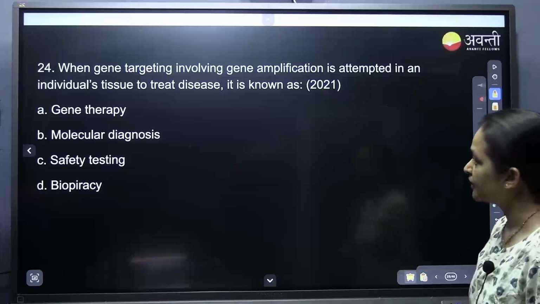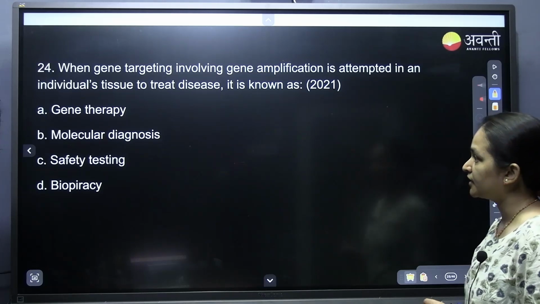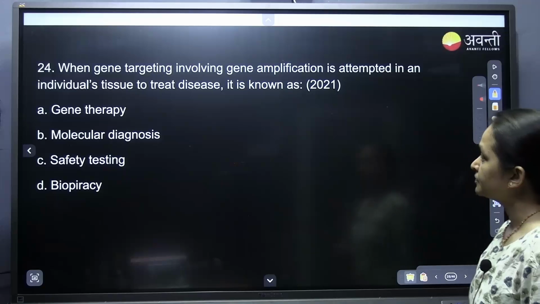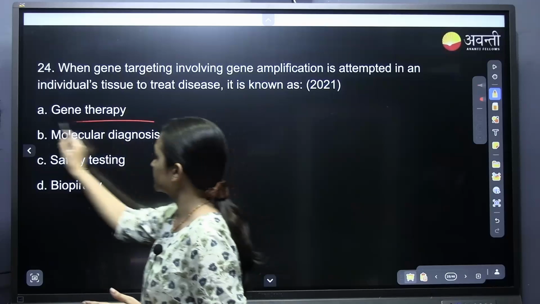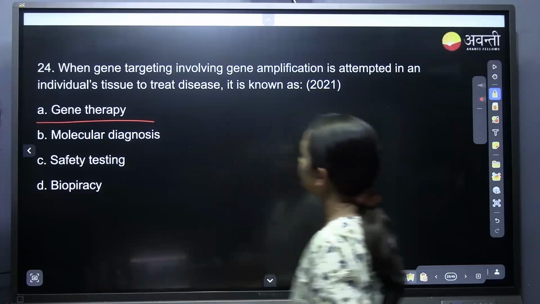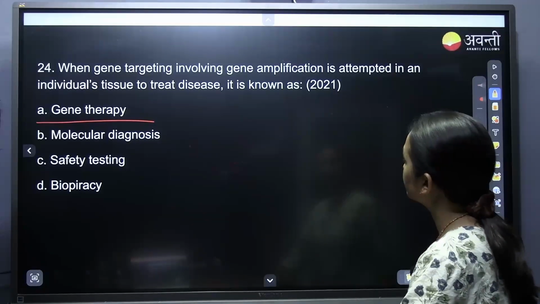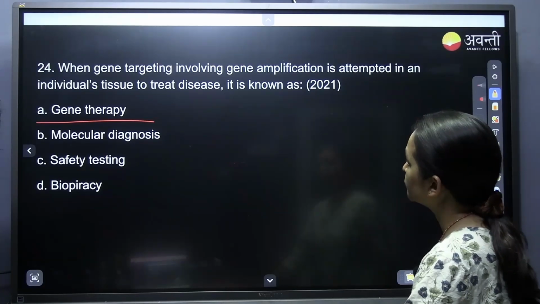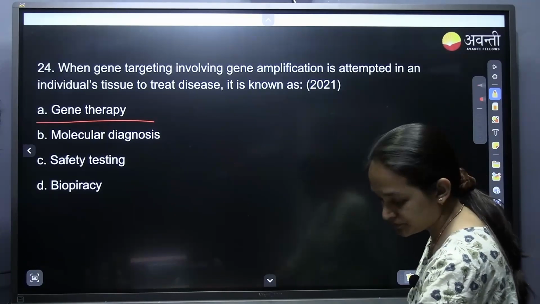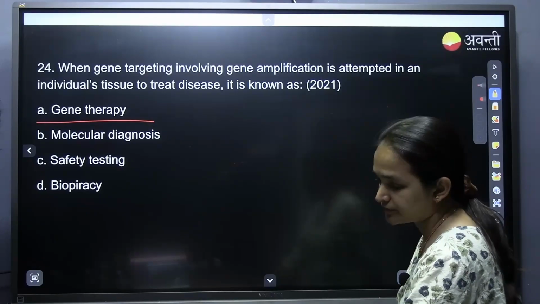When gene targeting involving gene amplification is attempted in an individual's tissue to treat disease, it is known as gene therapy.